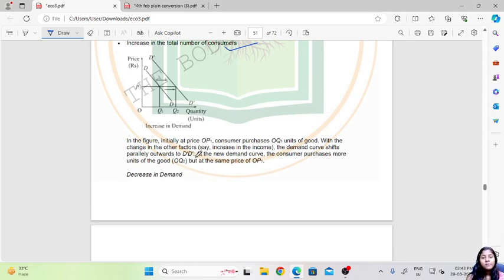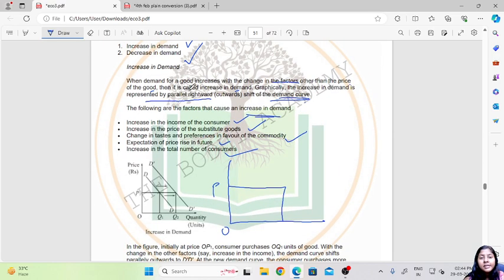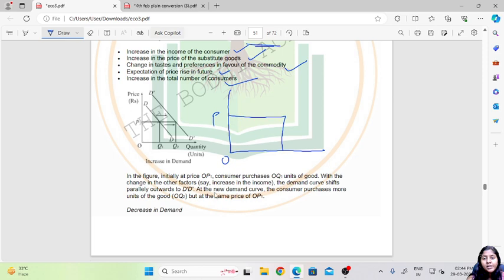So in the figure, initially at price OP1, here I draw the diagram over here. So O to P, now there is an increase in demand here. So I'll denote price on y-axis and quantity demanded on x-axis.